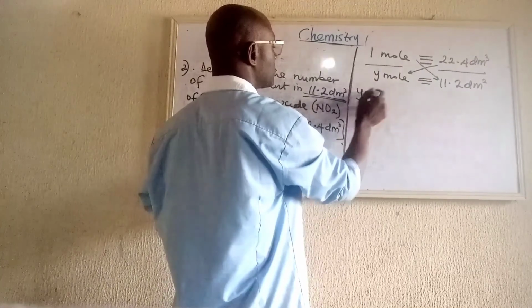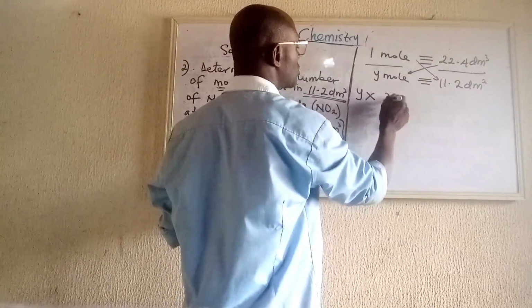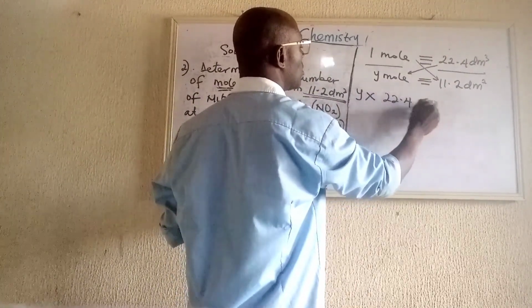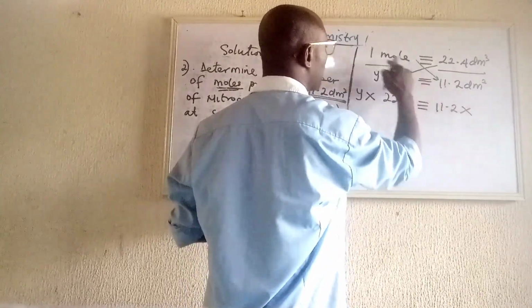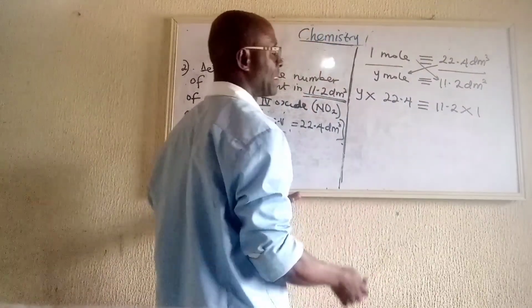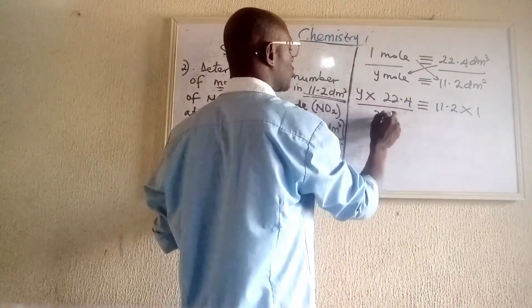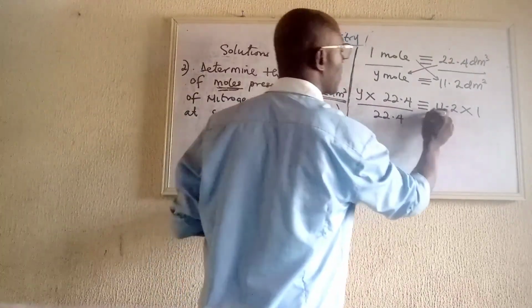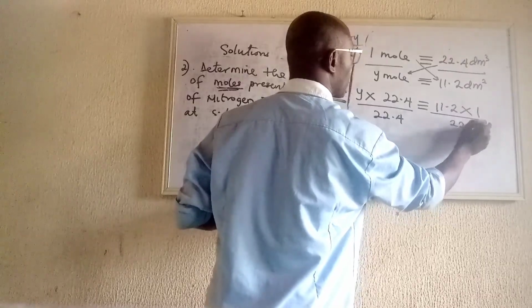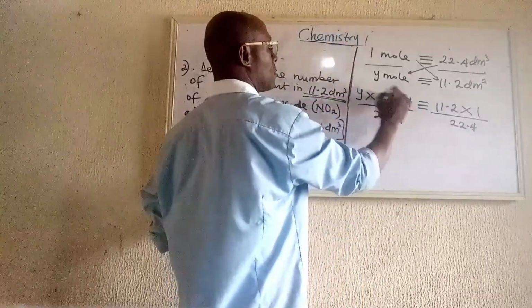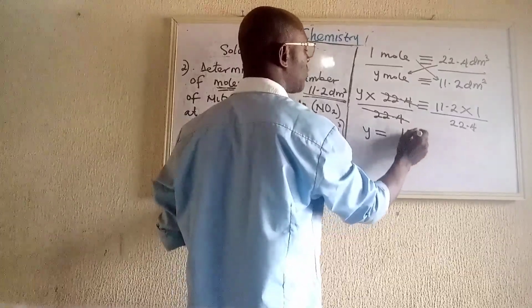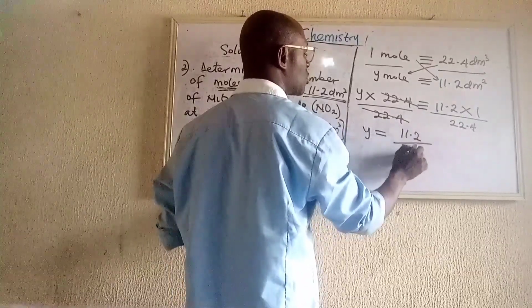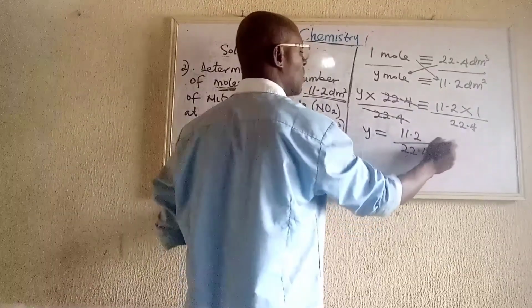Y times 22.4 will be equivalent to 11.2 times 1. Divide both sides by 22.4. So this cancels out. Y will now be 11.2 over 22.4.